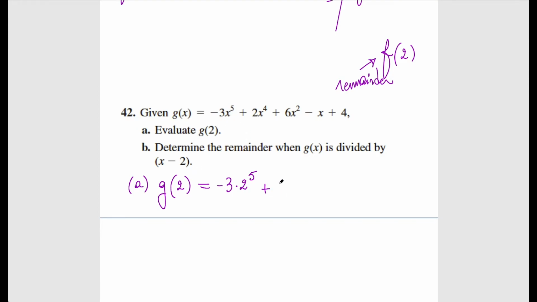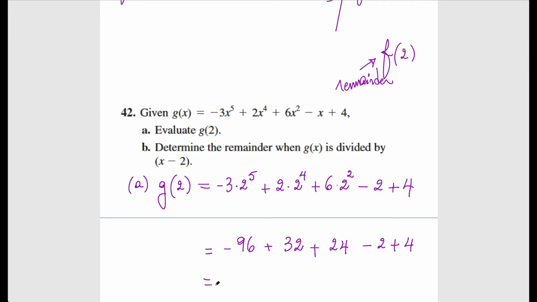So 2 to the power 5 plus 2 times 2 to power 4 plus 6 times 2 to power 2 minus x, which is 2, plus 4, right? Every time I saw an x, instead of x, I have 2 here, okay? All right, so 2 to power 5, that's 32, and 32 times 3 is 96 with a minus sign, okay? 2 times, this is 2 to power 4, so it's 32, right? Plus 4 times 6, 24, minus 2 plus 4.